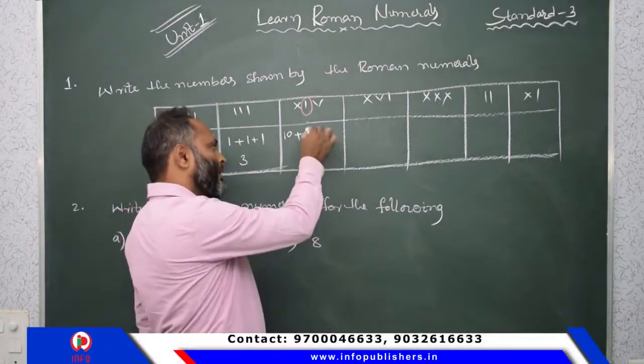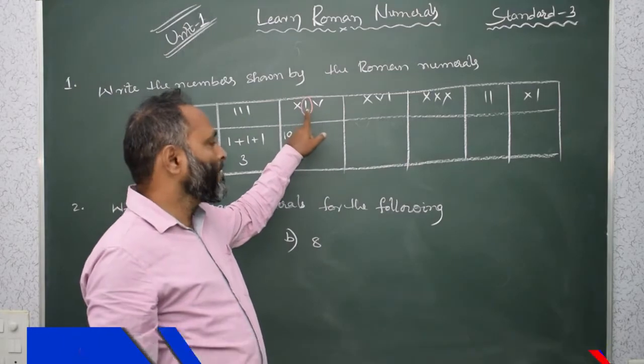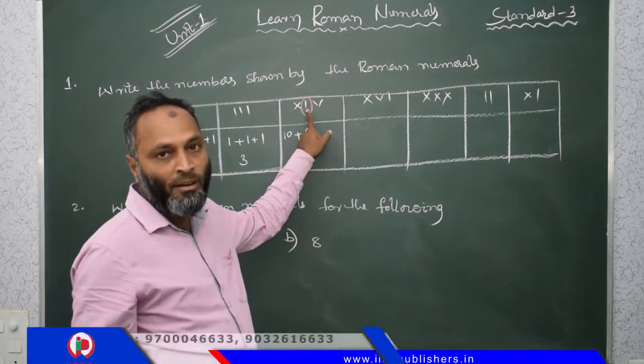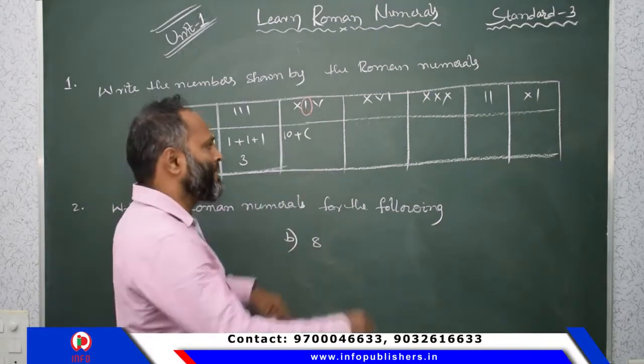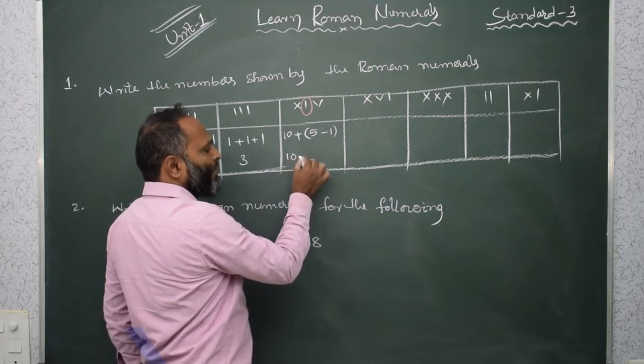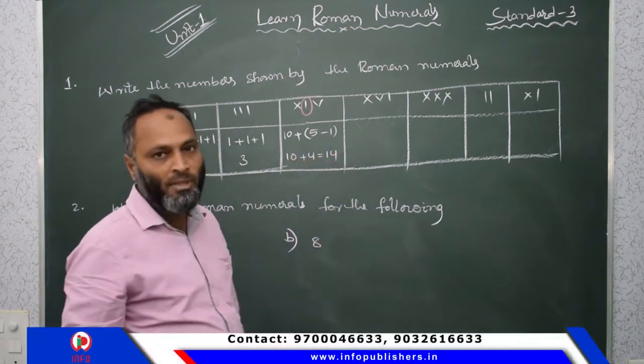And after that, here this represents 5, this represents 1. The smaller Roman numeral is on the left side of the bigger Roman numeral, so we make minus. 5 minus 1, that is 4, so it is 14. This is the 14 representation.